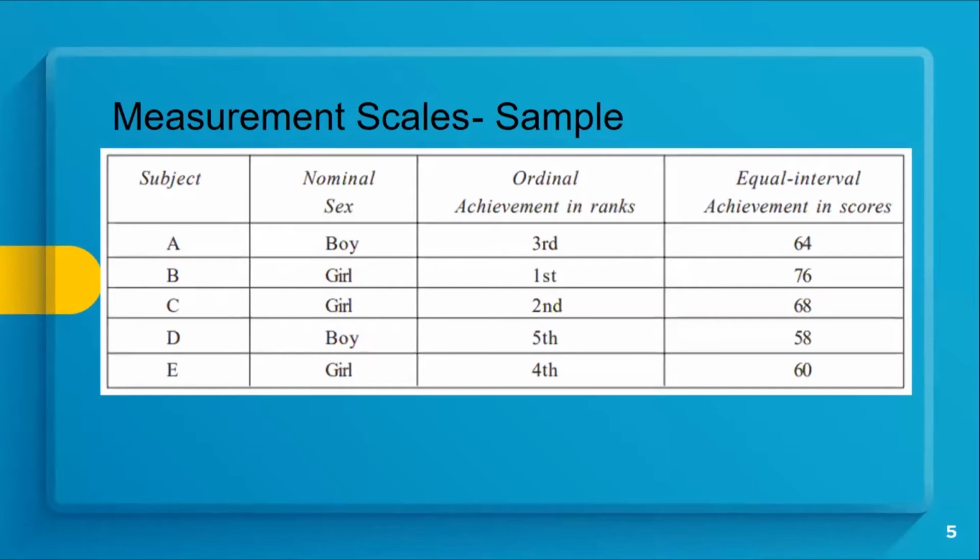Undergraduate, masters, or PhD. So that's nominal scaling. When you say ordinal, sorry, so first, third, or 1, 2, 3, 4, equal interval na kay achievement scores like 64, 76, 68, or ranging like 10 to 20, 20 to 30, and 30 to 40. So that's how the scaling differs.